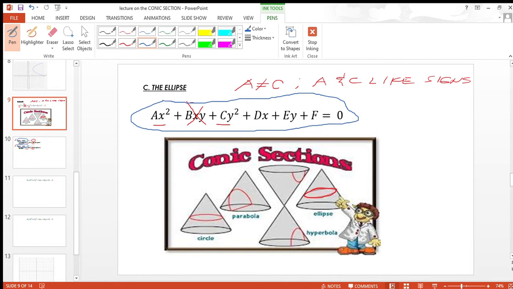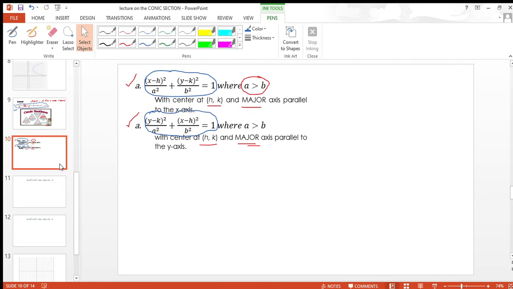And if you will look at our pattern for the circle, we have the general form, we have reduced it to the standard form. Similarly, for the parabola, we had the general form, reduce it to the standard form. So, ganun din for our ellipse. We have the general form will be reduced to the standard form.